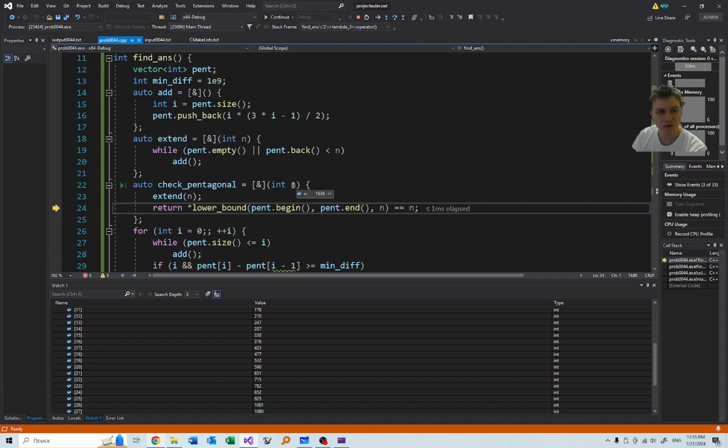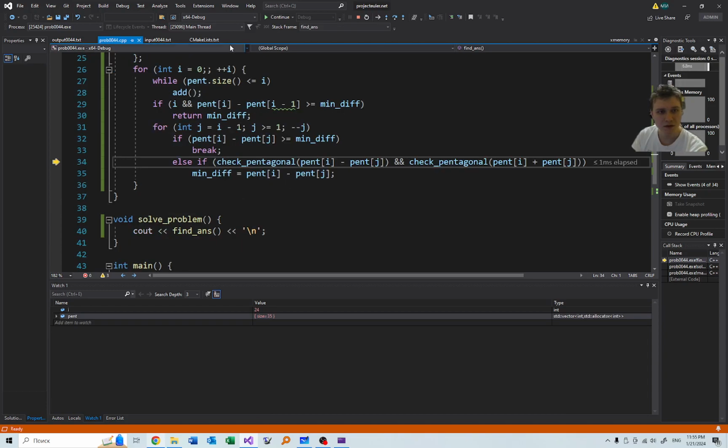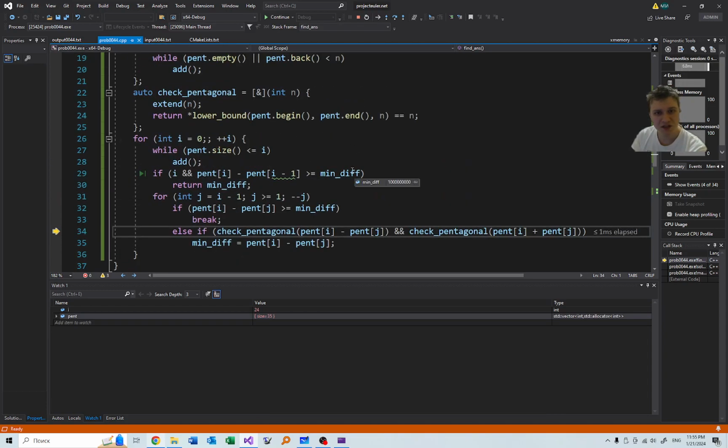Check pentagonal of this number. Now min diff is still big.